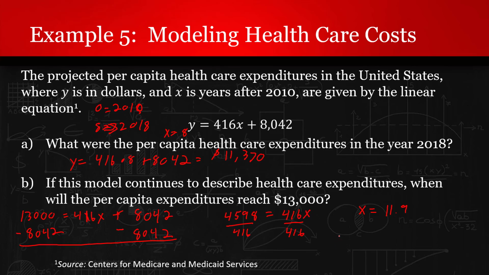So in the 11th year, the expenditures will reach $13,000, kind of like the end of the 11th year. Since the 0th year is 2010, the 11th year corresponds to 2021. So that is the year when the per capita expenditures will reach $13,000.